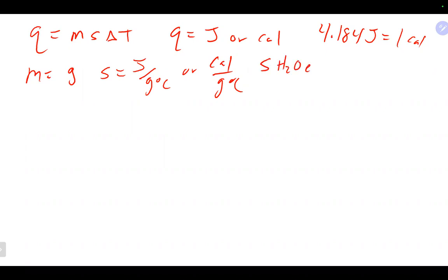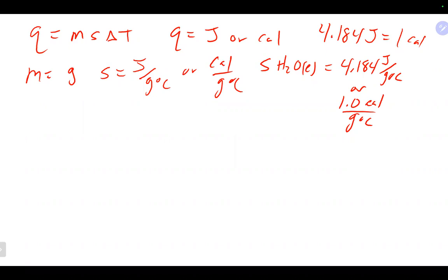That is either 4.184 joules per gram per degree Celsius or 1 calorie per gram per degree Celsius. Those are two numbers that you should know. We use it a lot when we do these type of experiments, and a lot of times we use the joule version of it.